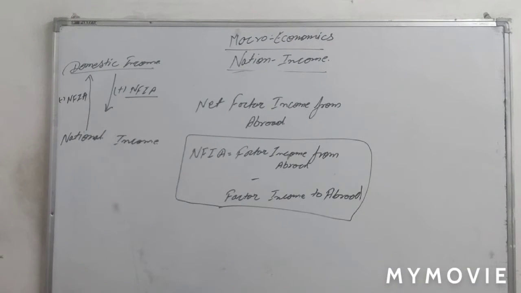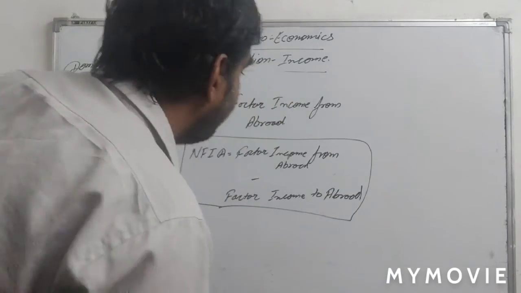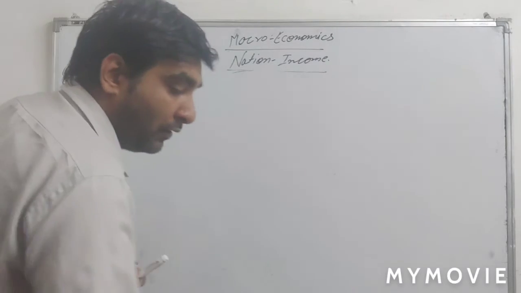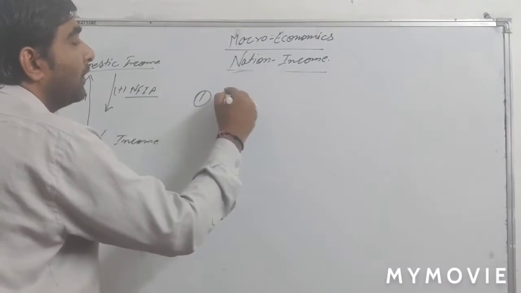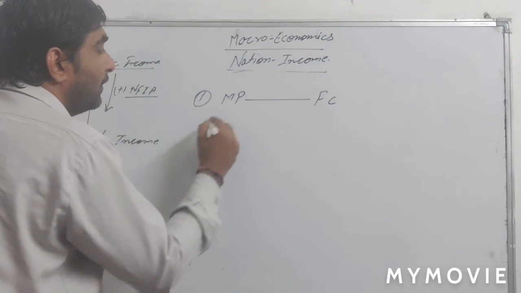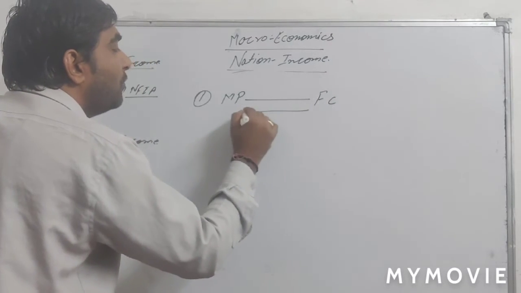So there are three major forms that we read today. First, MP to FC and FC to MP.